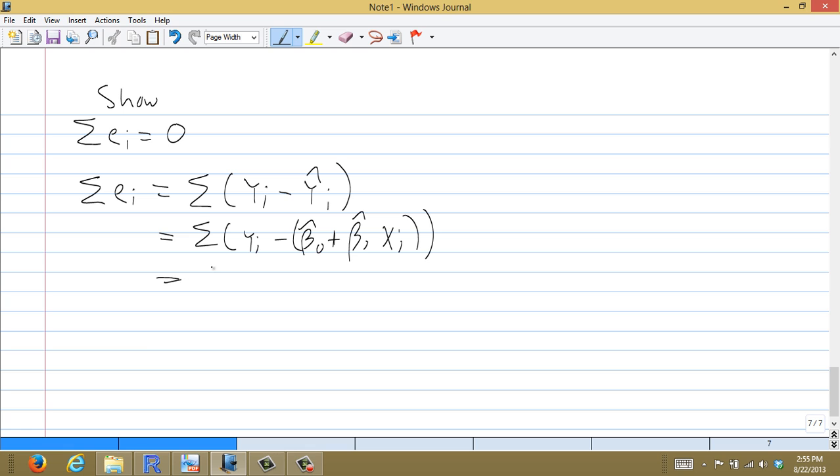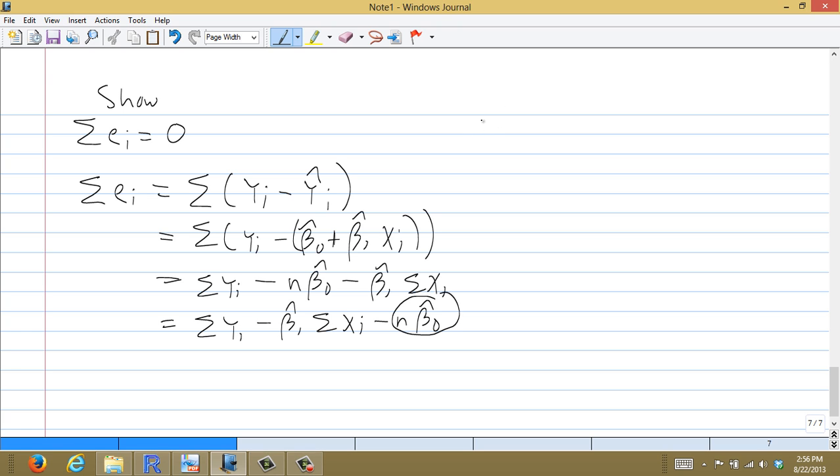And now I'm going to expand this so I get the sum of the y's minus n beta naught hat minus beta 1 hat times the sum of the x's. Re-expressing that, I get the sum of the y's minus beta 1 hat times the sum of the x's minus n beta naught hat. And now I'm going to look at this term right here, and expand that out over here on the side.